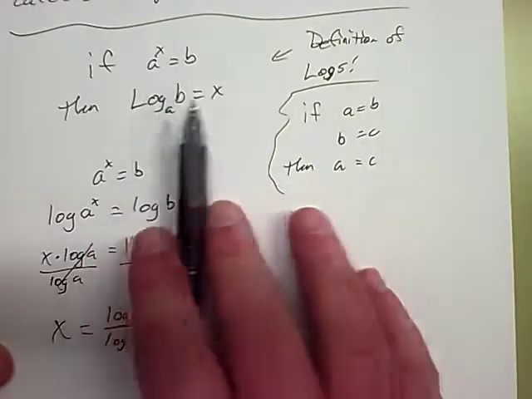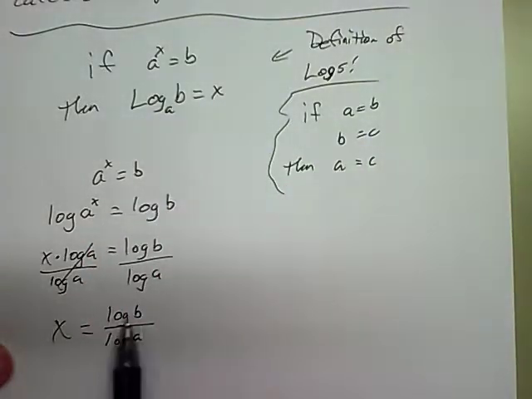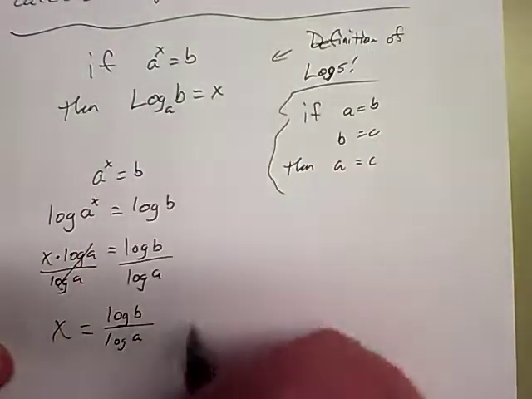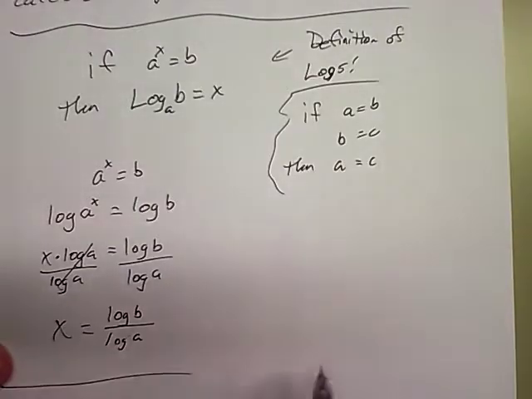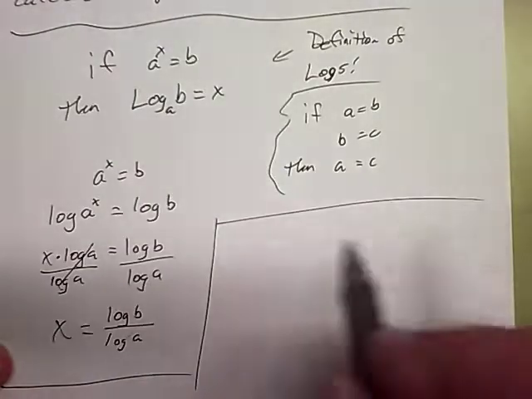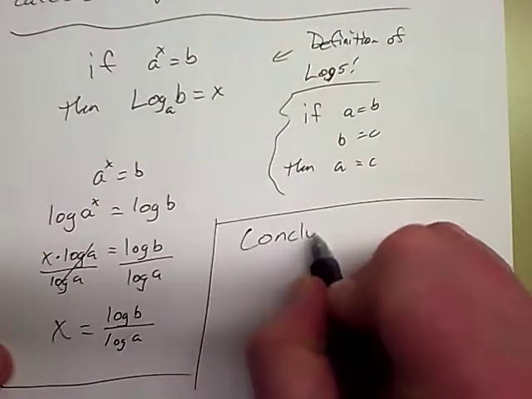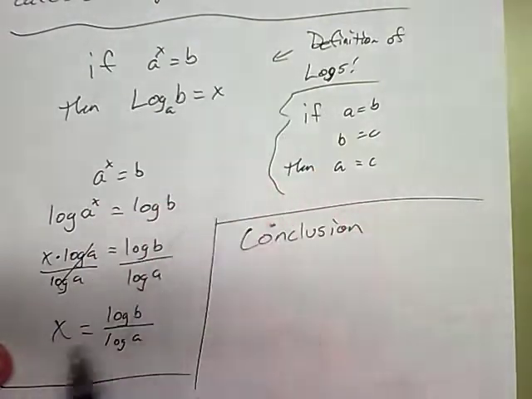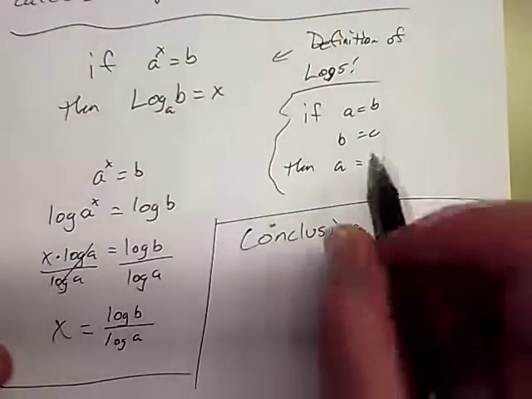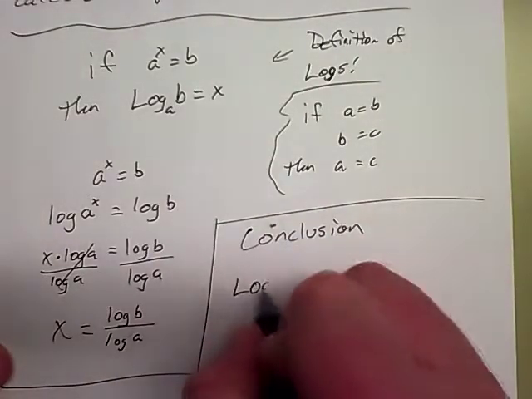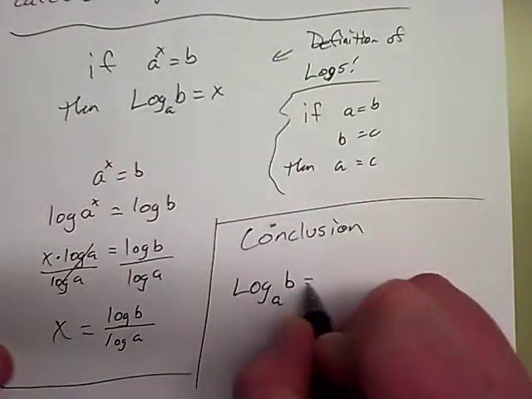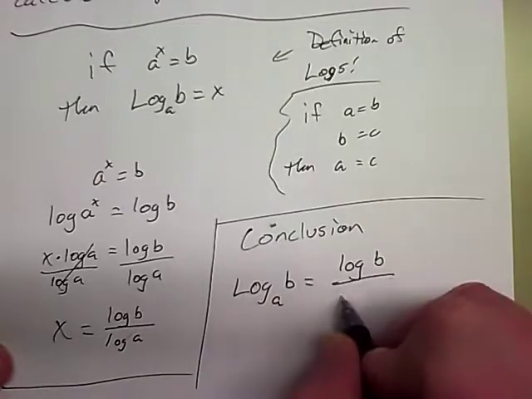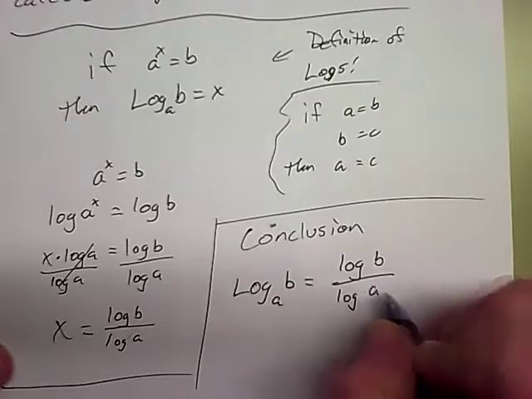Well, if this equals x and x equals this, then we can draw this big huge conclusion. I'm going to take the x out, and I'm going to say that log base a of b is equal to log base 10 of b divided by log base 10 of a.